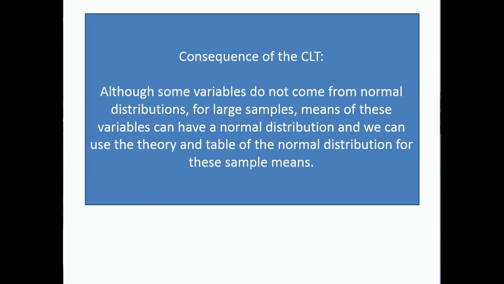A consequence of the central limit theorem is, although some variables do not come from a normal distribution, for large samples, means of these variables can have a normal distribution, and we can use the theory and the table of the normal distribution for these sample means.